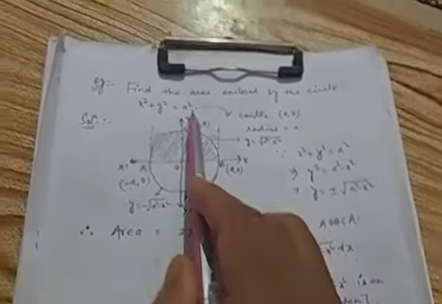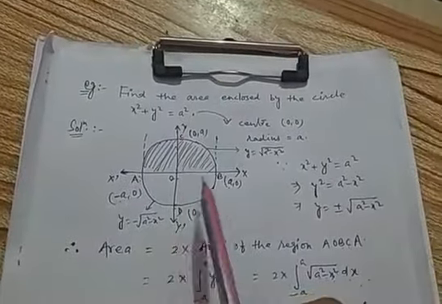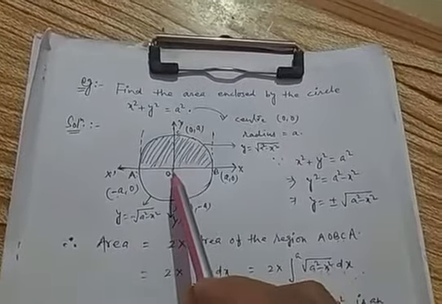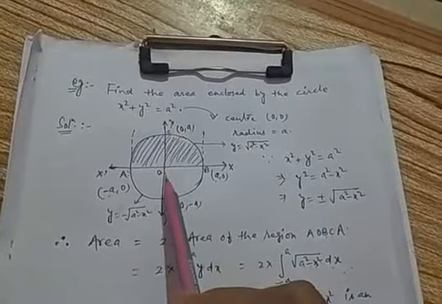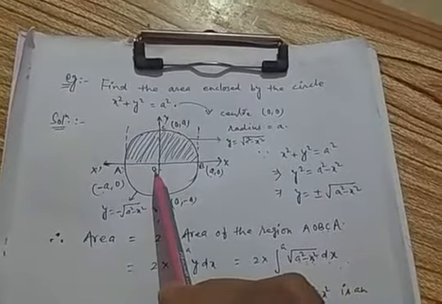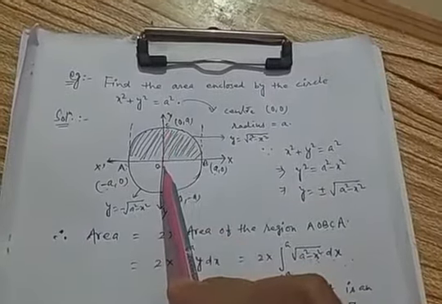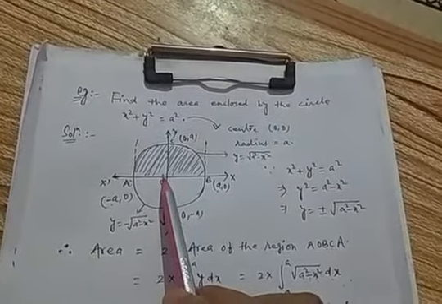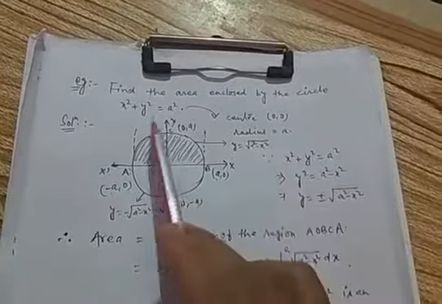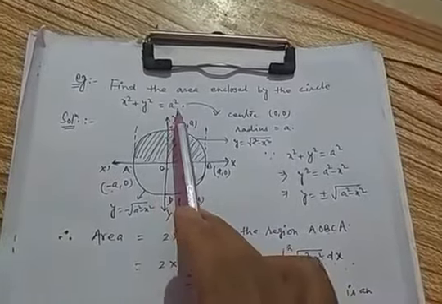Here students, you can also find the area of the region OBCO and multiply by 4, then you will get the area enclosed by the circle x square plus y square is equal to a square.